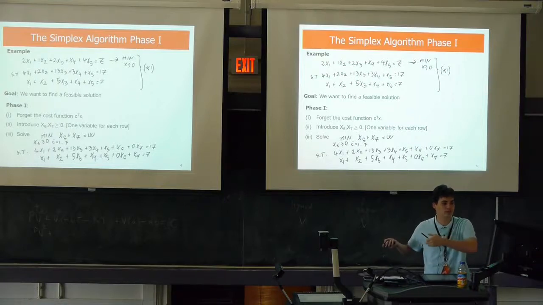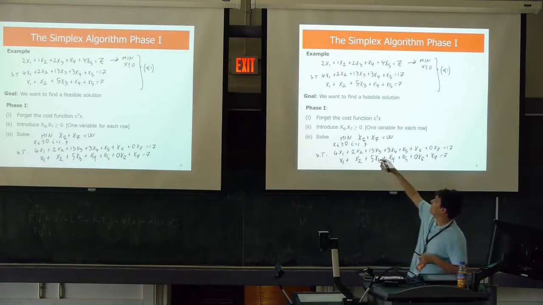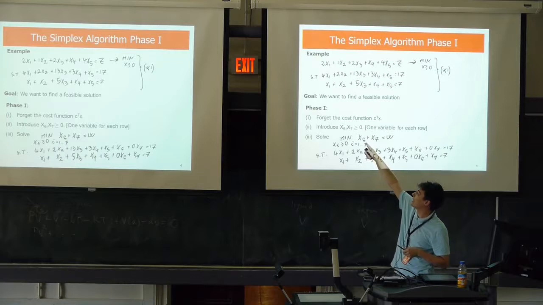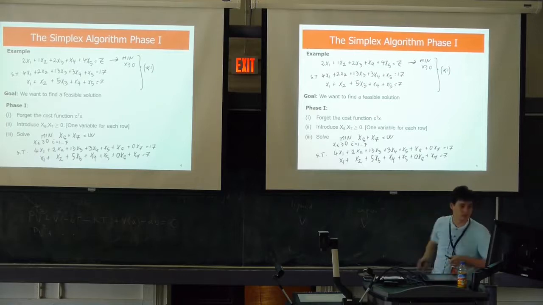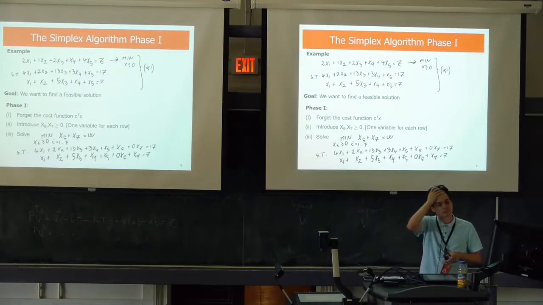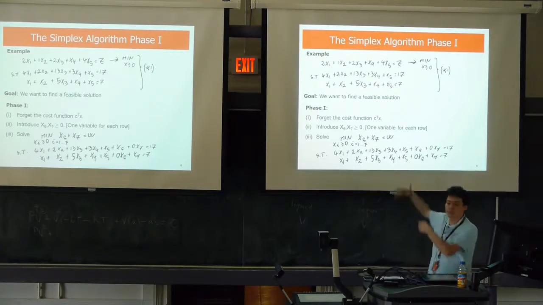They are non-negative, so it means that if we can find a solution where x6 and x7 are 0, then we have a feasible solution to the original problem. Right? Because all the variables are non-negative and they satisfy these constraints here.